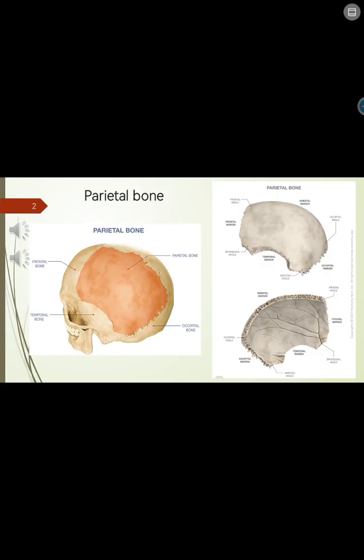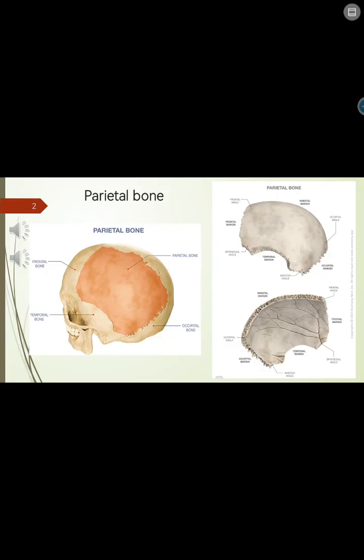When we move posteriorly, close to the sagittal or superior border, we can see a parietal foramen that transmits a vein from the superior sagittal sinus and connects the internal cavity to the external surface of the skull.